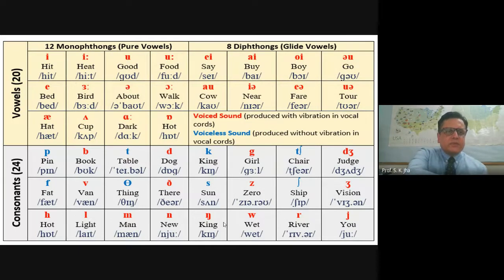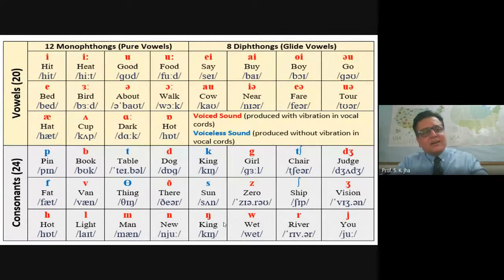I have also given you here pronunciations for each word, which you can check or cross-check in your dictionary of some standard. Then you have the small O sound, as in good. Then long U, as in food. Then E, as in bed.